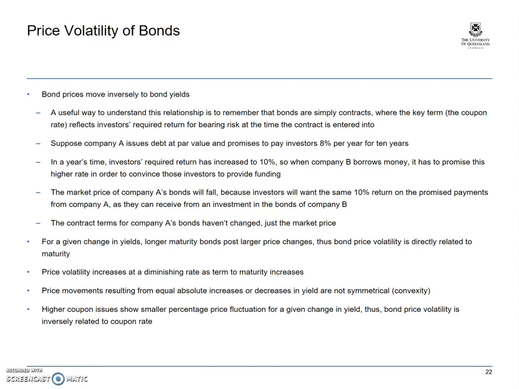So when the company borrows money, it has to promise a higher rate in order to convince those investors to provide funding. So the market price of the company's bonds will fall because investors will want the same 10% return on the promised payments for Company A as they can receive from an investment in the bonds of Company B. The contract terms for Company A's bonds haven't changed, just the market price.